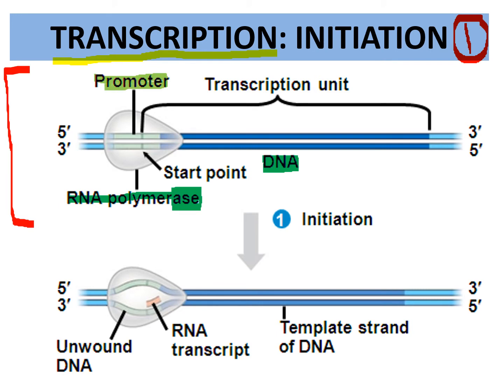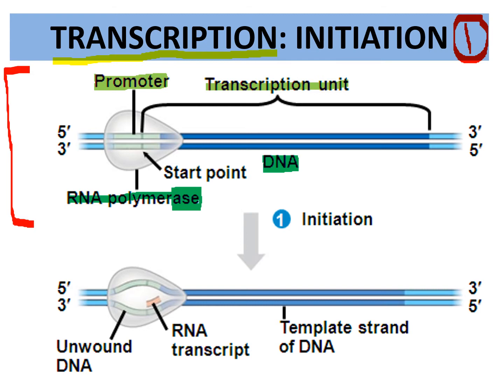Your promoter is the start of your transcription unit, and a transcription unit is basically a coding gene. As we mentioned in our unit on DNA, a gene is a recipe for a protein.